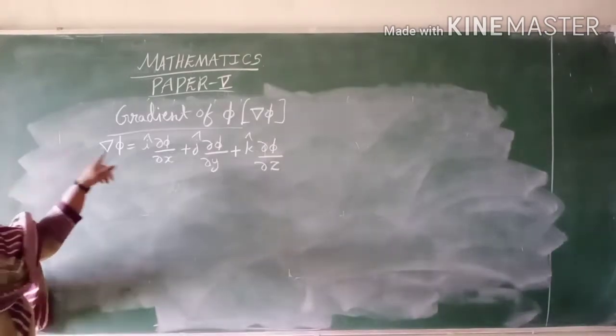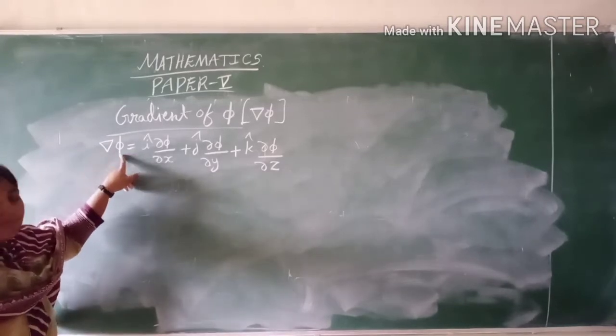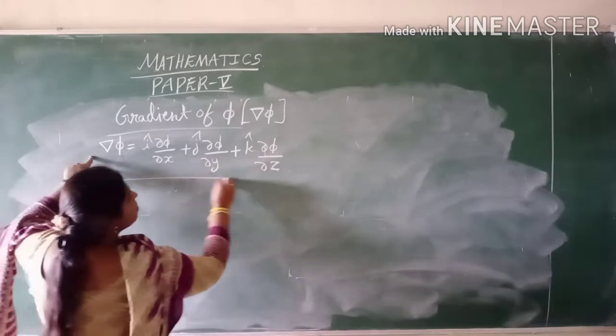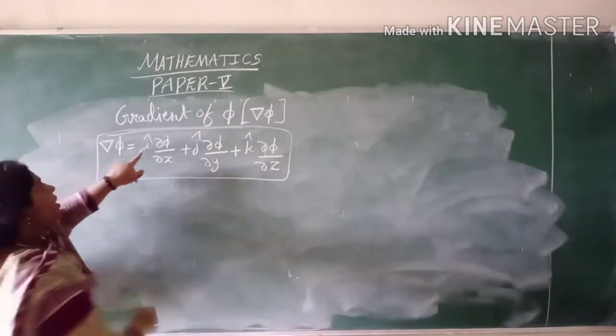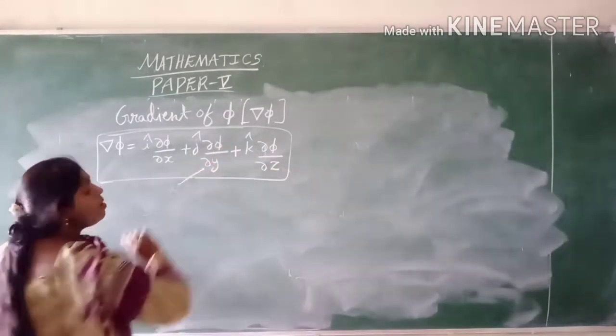See here, phi is a scalar point function, but the gradient of a scalar point function is always a vector. Why is it a vector? I already told you, if i, j, k coordinates are there, then we call it a vector point function.